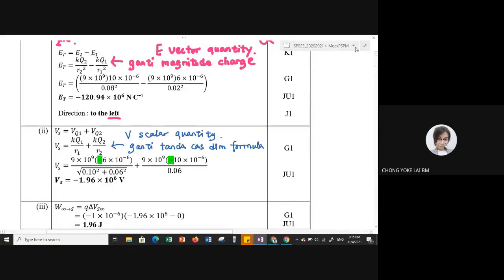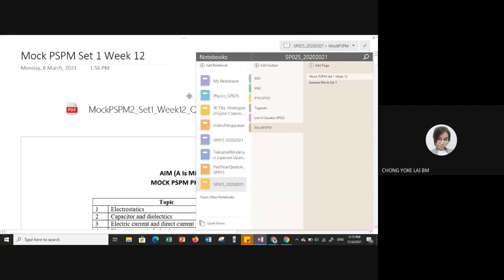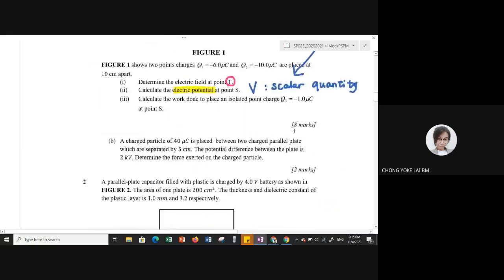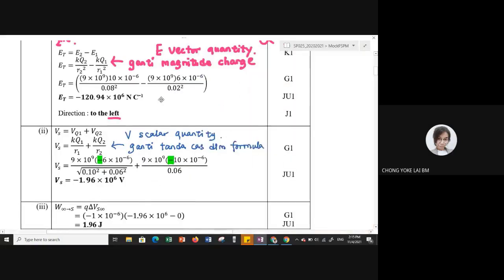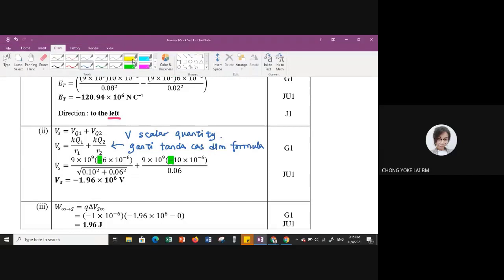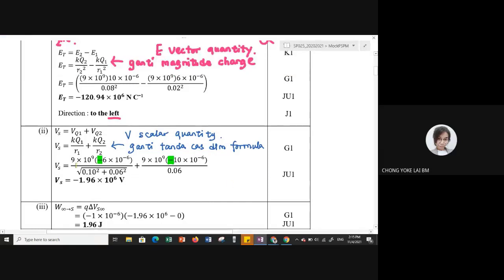If we refer back to the question, the diagram, the distance of S from Q2 is 6 cm. So we will get this one. VS will be negative 1.96 times 10 to the power of 6 volt, if you calculate correctly. So substitution 1 mark, answer with unit 1 mark.